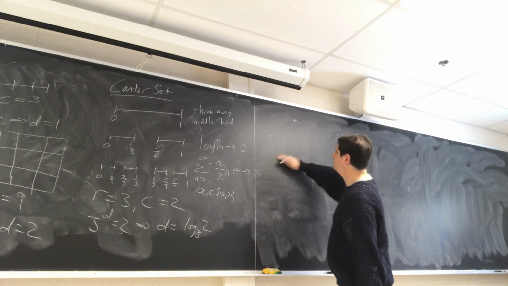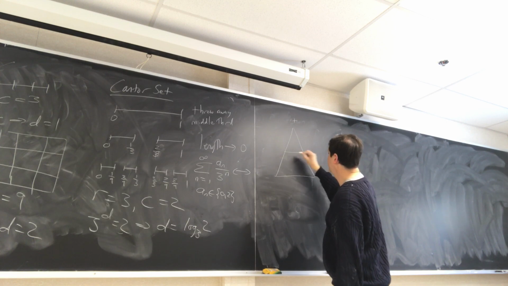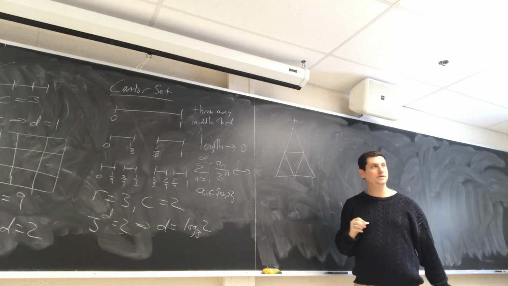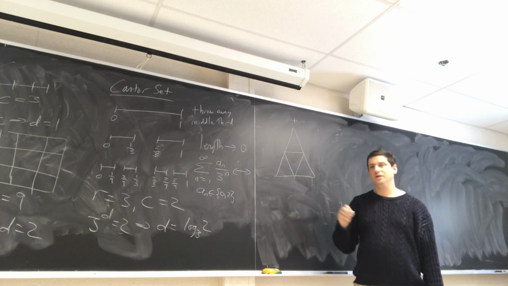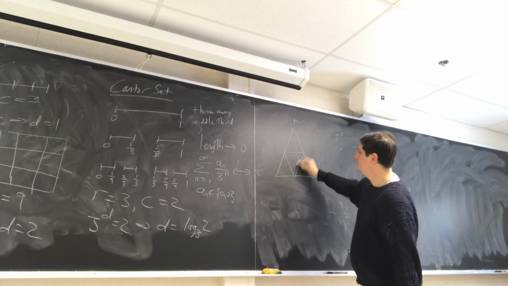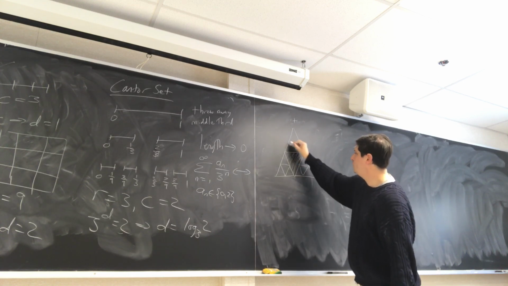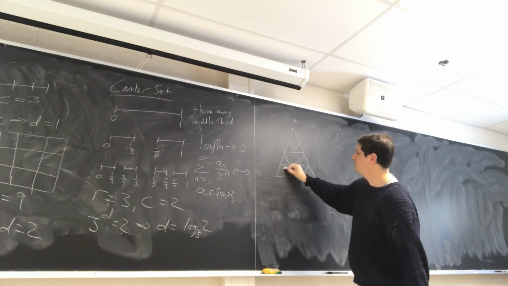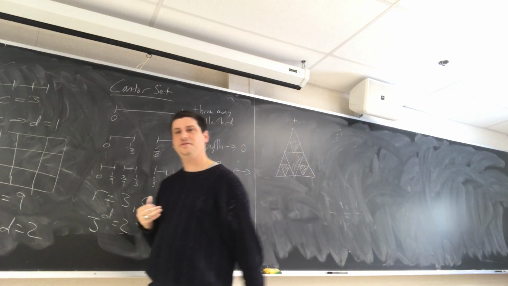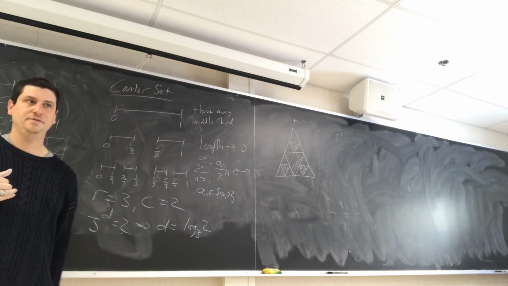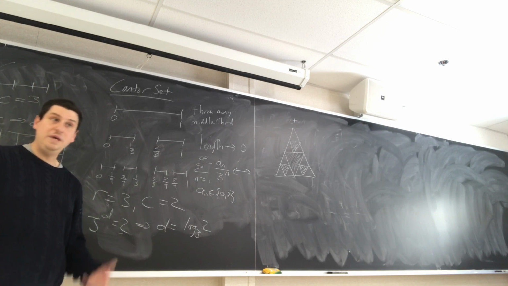So for Pascal's triangle, just as we're running out of time, what we do there is we throw away the middle triangle every time. And so we start off, we first throw away this middle triangle. Then on the next stage, we throw away these triangles. What fraction do we keep each time? We keep 3/4.